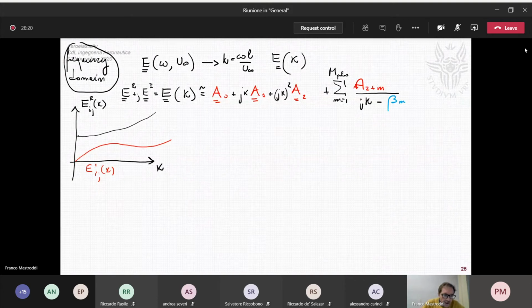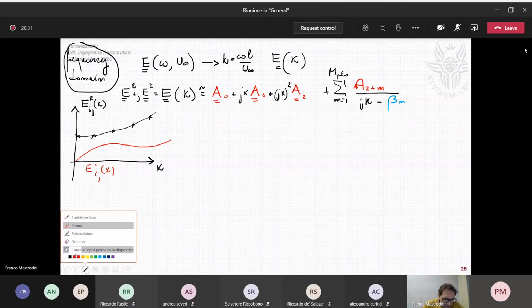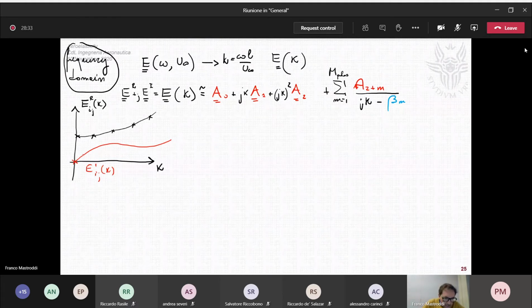Next, imagine to have evaluated this matrix at fixed points of the frequency. So these cross values are the evaluated values, here, here, here, here. They are evaluated by computer, exactly by the theory we have developed.